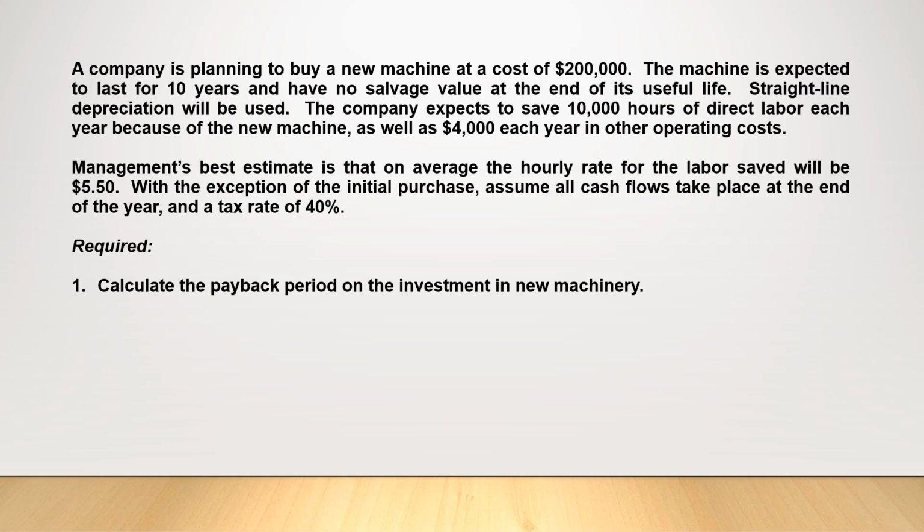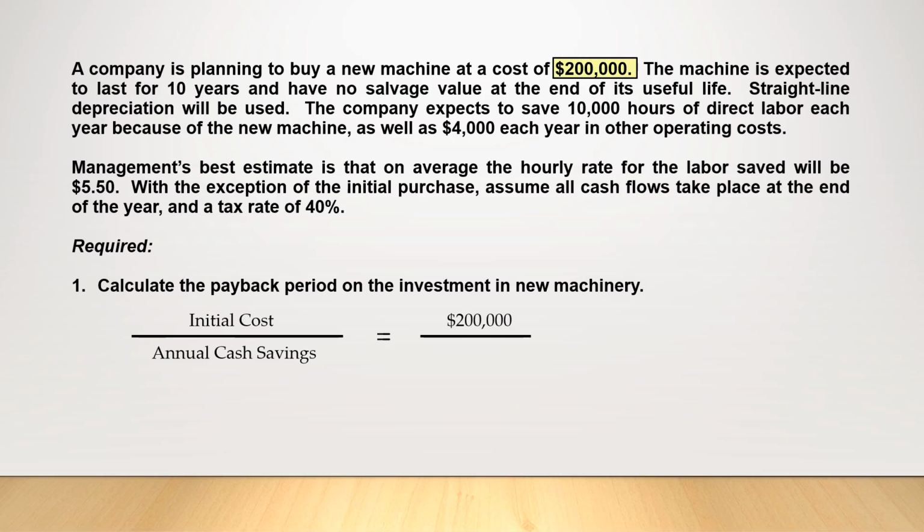The formula for the cash payback period is the initial cost divided by the future cash flows. This machine isn't going to create future cash inflows so much as it's going to reduce future cash outflows. So we'll use our future cash savings as our denominator. We have the cost of the machine at $200,000, and the new machine will save $4,000 in operating costs each year. However, it will also save 10,000 hours of direct labor per year.